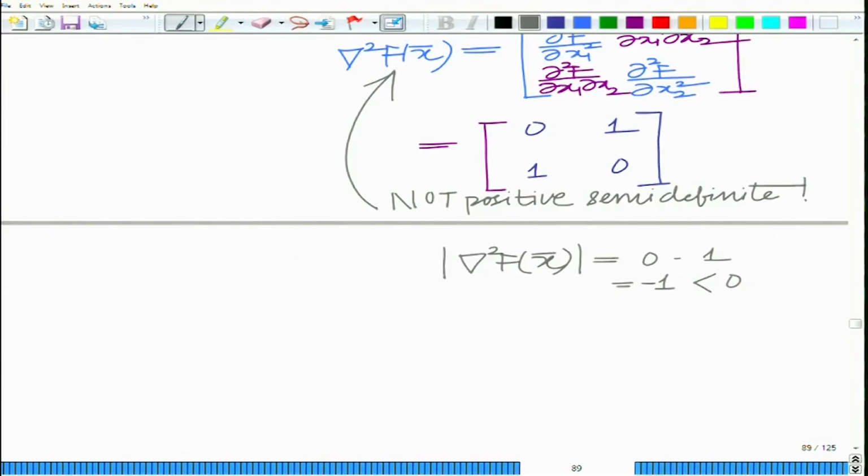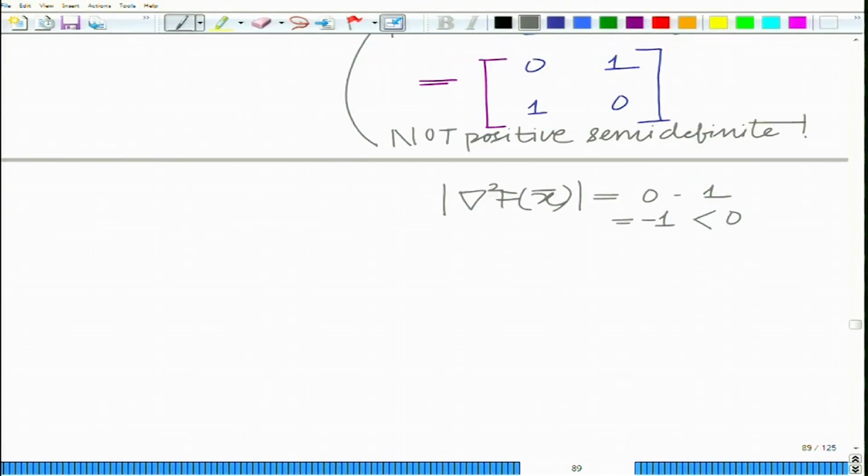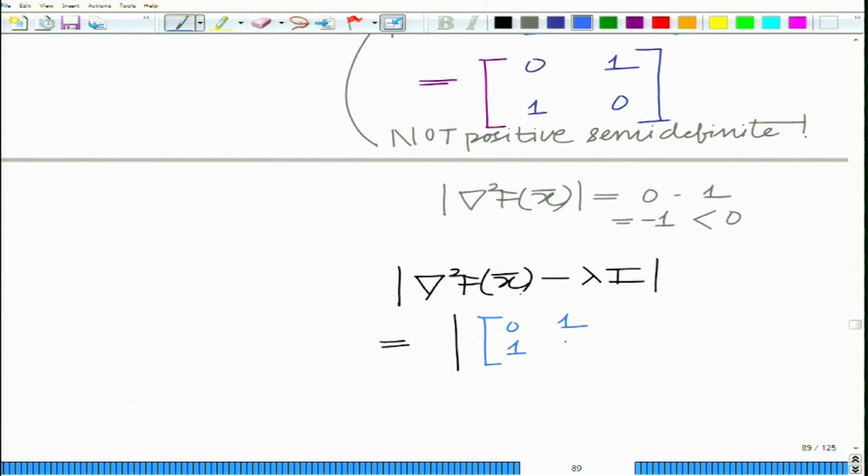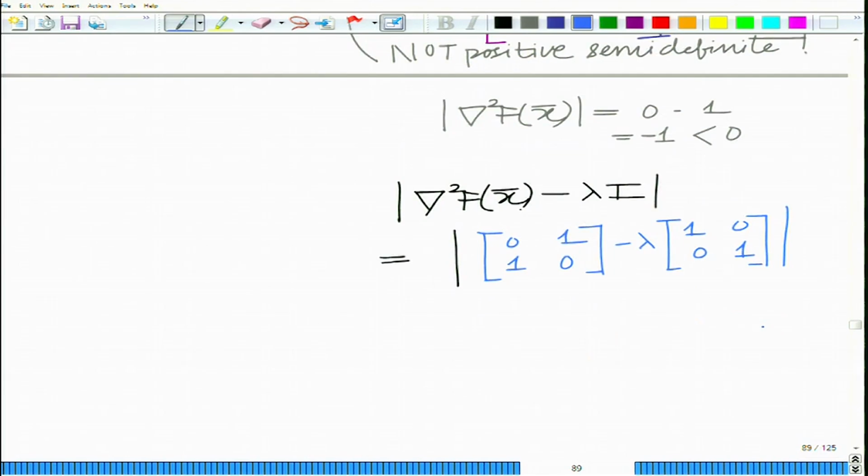All right. In fact, if you compute the eigenvalues, that is, find the characteristic polynomial, the determinant of the Hessian minus lambda times I, this is equal to the determinant of 0 1 1 0 minus lambda times 1 0 0 1.